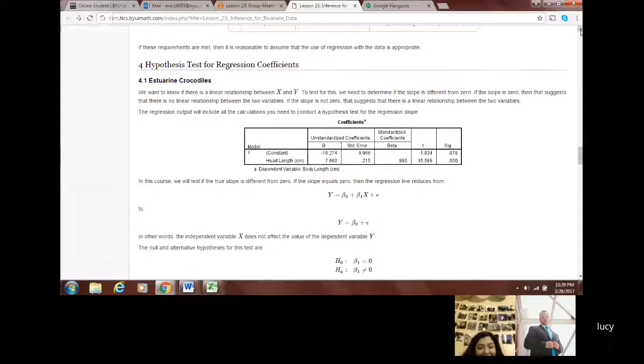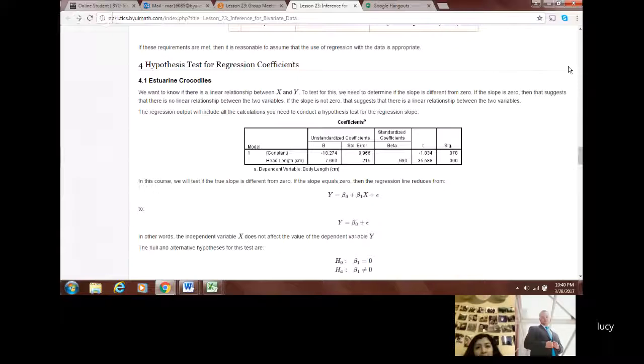So it says we need to determine if the slope is different from 0 because of the null hypothesis we did. If the slope is 0, then that suggests there is no linear relationship between the two variables. If there is a linear relationship, it's not 0.